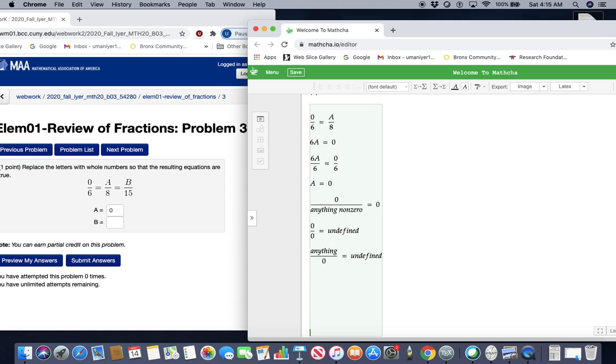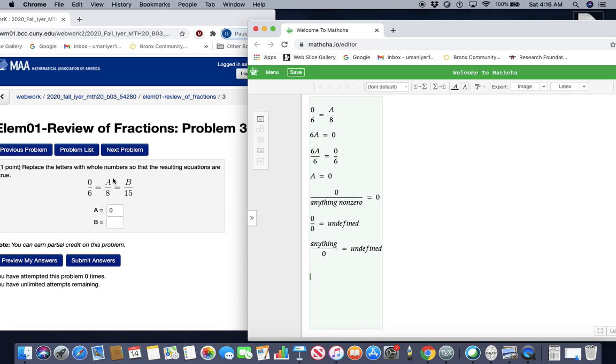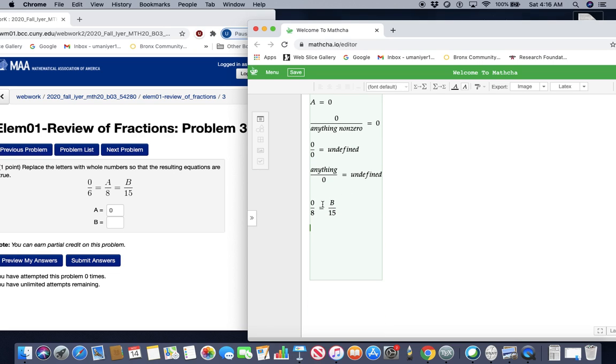Now you can use 0 over 8, because A is 0. 0 over 8 equals the fraction B over 15. Again, this is an equation of fractions, an equation of ratios, so that's a proportion. Cross multiply. 8 times B is 8B equals 0 times 15, which is 0.